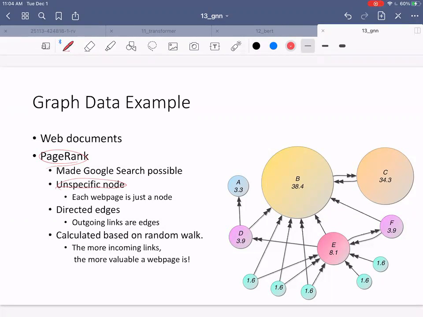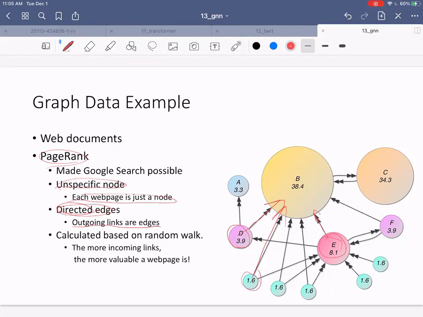All he cared about is that there is a page on the web. So each web page is just a node, and the edges are directed. The outgoing links are edges. If there's a hyperlink that you can click and it leads to this page, then that's a directed relationship. And the same with some other document leading to this document.